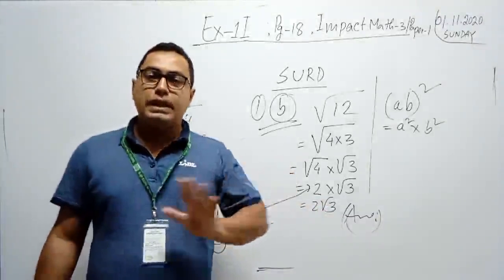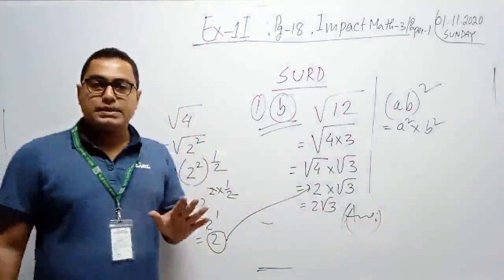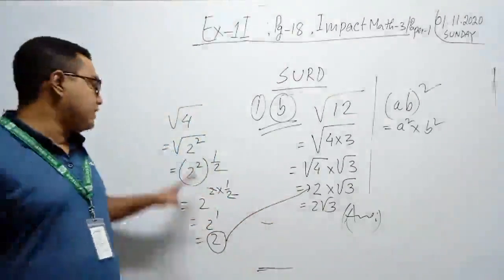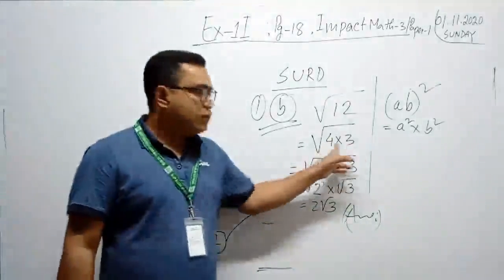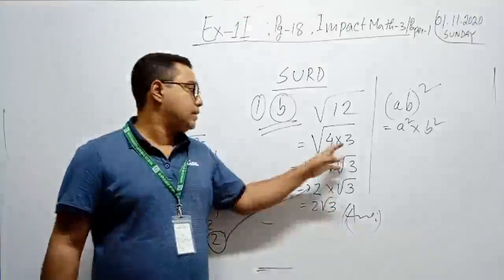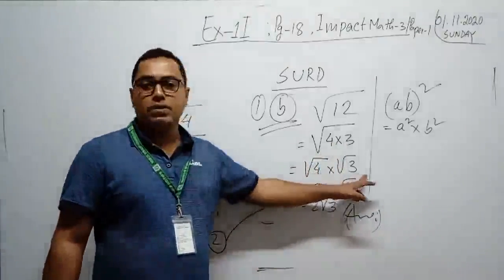Okay. Elaborately, I think I discussed for all students. For the few students who see any confusing part here, just make two factors or three factors, whatever you need, and then find the square root.